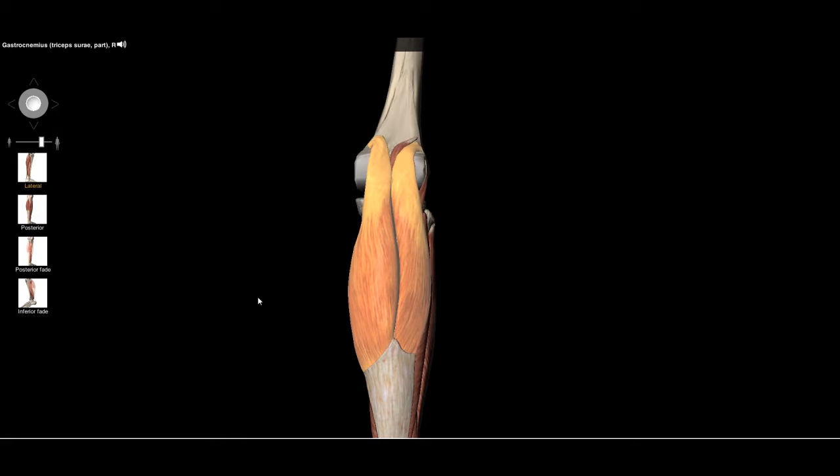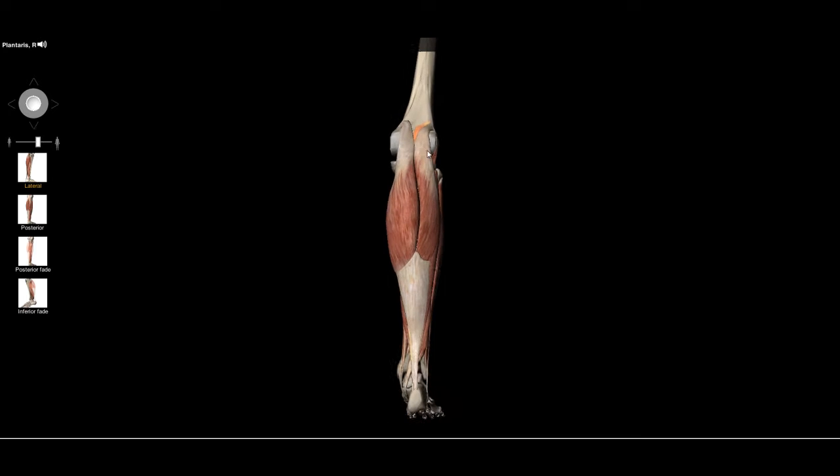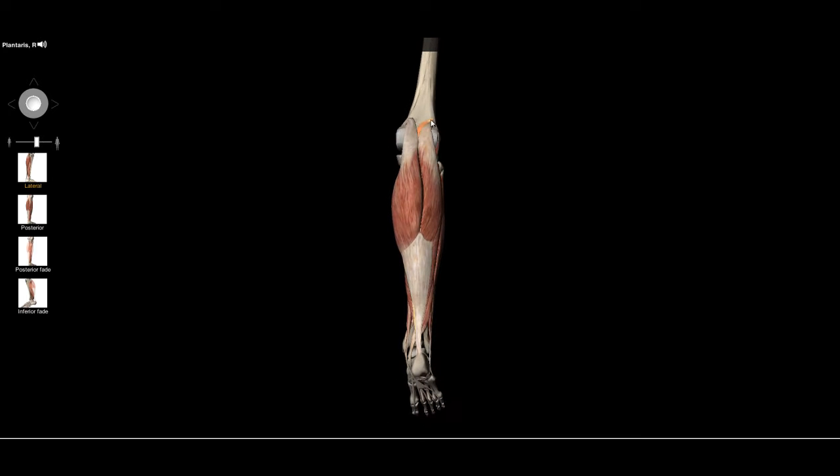So another little muscle that we need to just mention is the plantaris. It's a small muscle that runs right along from the lateral femoral condyle and inserts into the calcaneus, and it's just a very small muscle belly with a big long tendon.